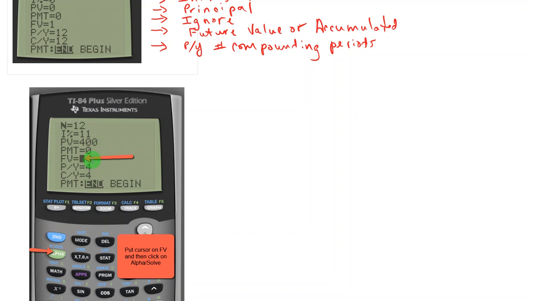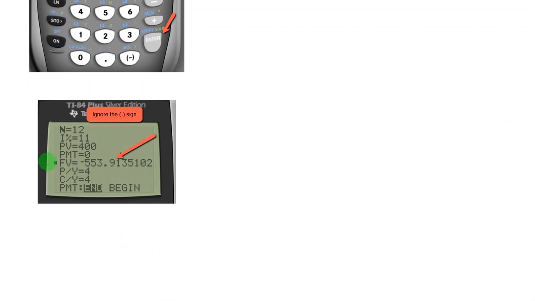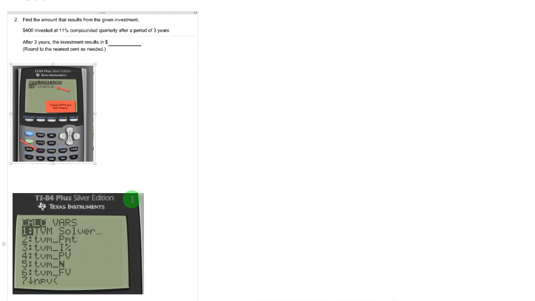That's where I want to solve. Put your cursor on FV and click alpha and enter, which is solve. When you do, you'll get a value here and you ignore the negative sign, and your answer would be 553.91. So these notes are in your lecture notes. You can follow that to do this.